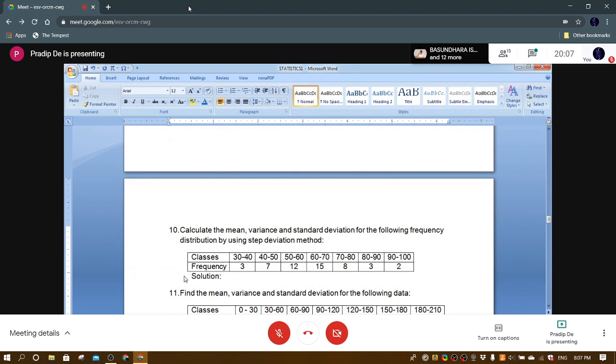Let us go for the step division method. So u, fi, ui square. So 6, and 1, 2, 3, 4, 5, 6, 7, 8, 9. 6 by 9.